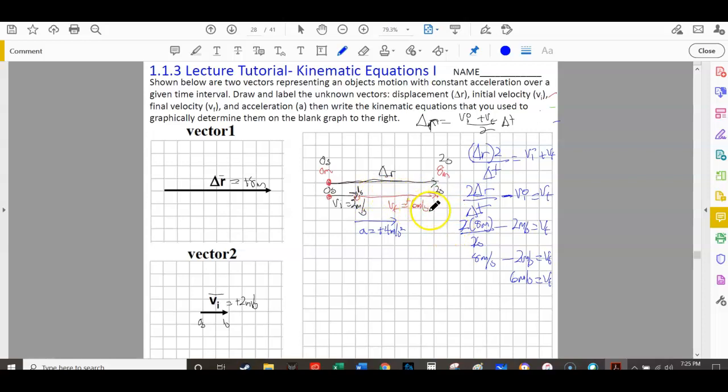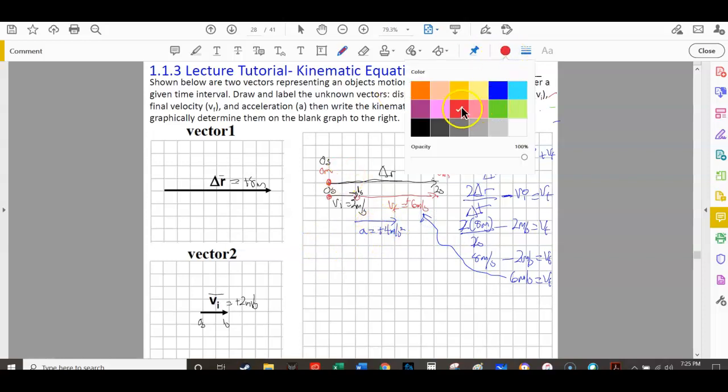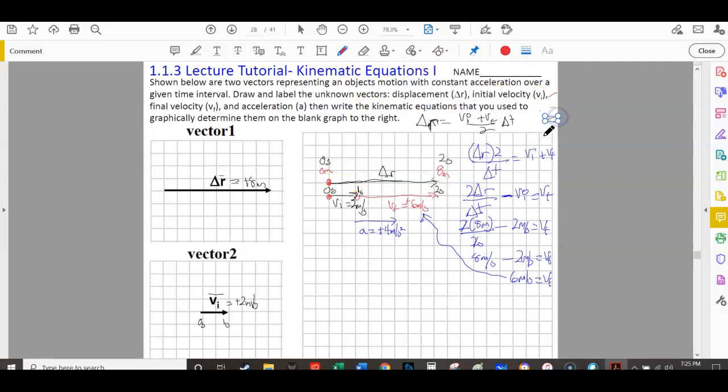And the cool thing about that is once we have this, we can then get the acceleration. To get the acceleration, we have v final equals v initial plus a delta t. Now that we have v final, I'm going to solve this for a.